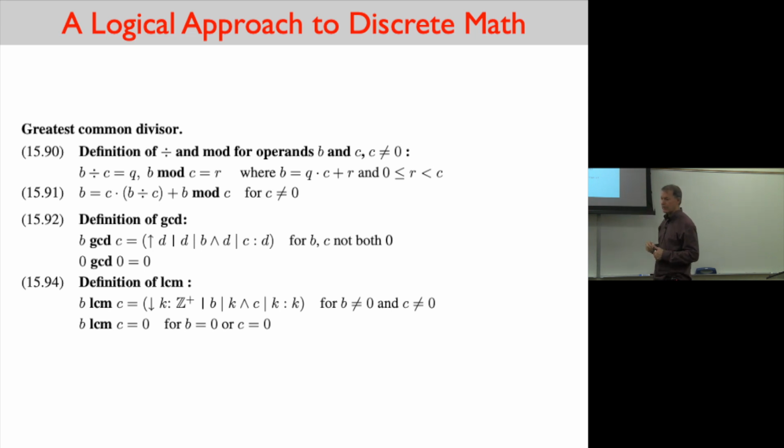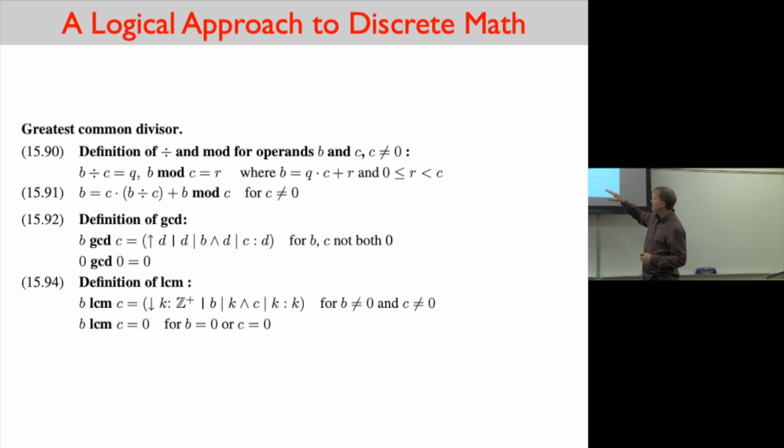Remember that whenever we use divides here, we're dealing with integers, because this whole chapter is a theory of integers. We're not dealing with numbers that have fractional parts, rational numbers or real numbers.